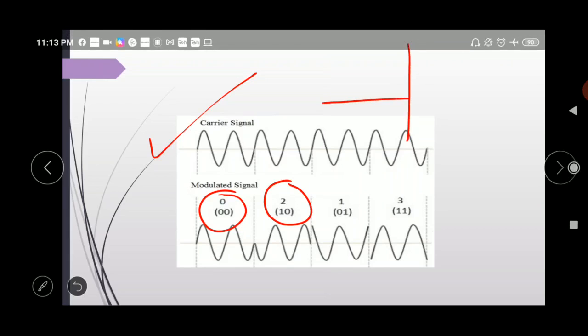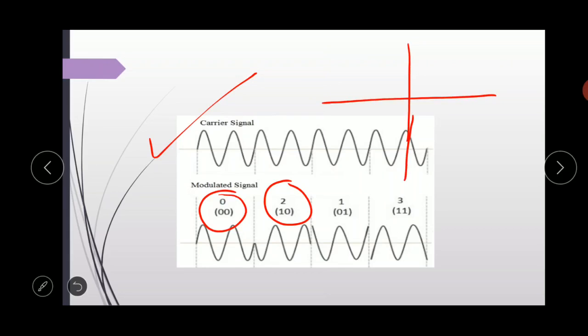If this is the diagram for 00, 01, 10, 11, the graph is like this. For 180 degree phase shift, at this line where the input is 10, the waveform changes its phase.